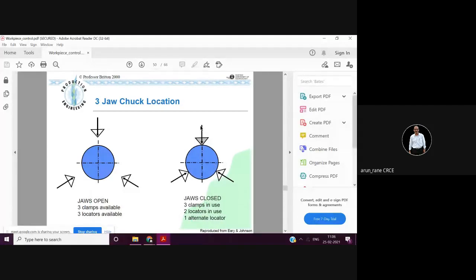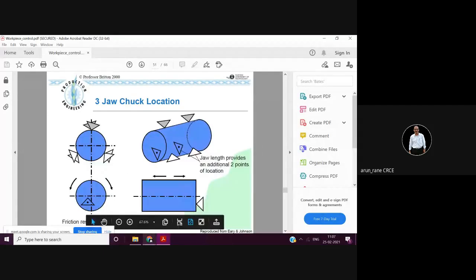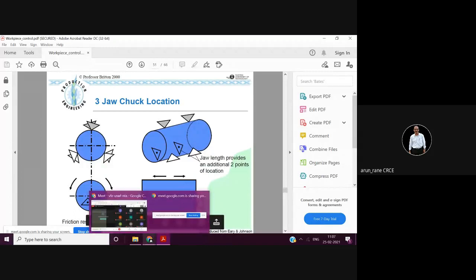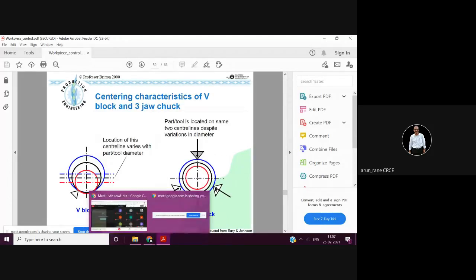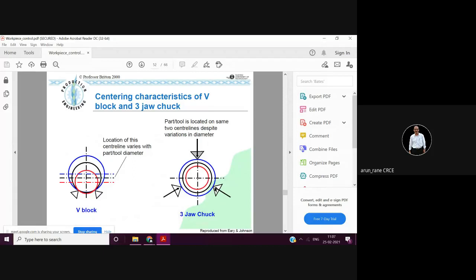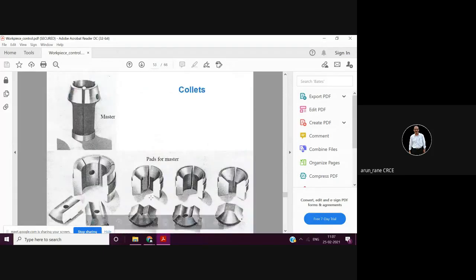Clamping means, as I have told, the symbol is a filled one and this is your hollow. Alright. This is how the collet looks.